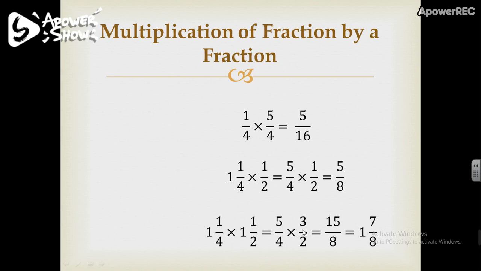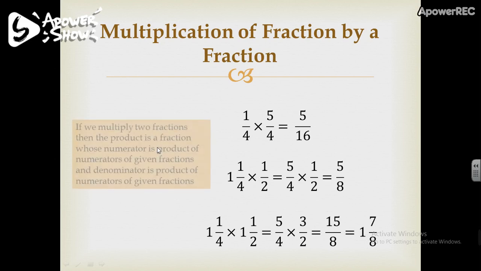So after multiplication we get 15 by 8. How? By multiplying the numerator by numerator and denominator by denominator. So the result is 15 by 8, and now you can express this improper fraction as a mixed fraction. So 15 by 8 equals 1 7/8.